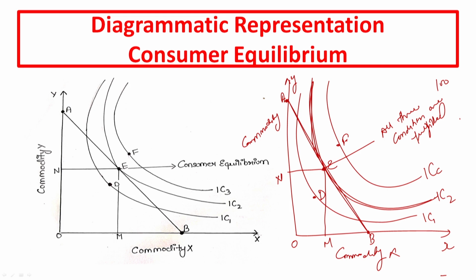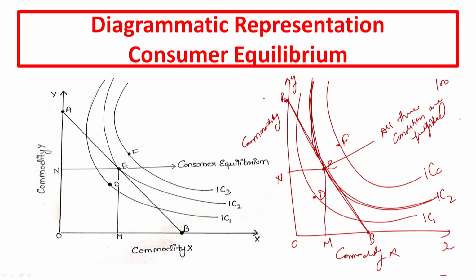All these conditions are fulfilled at this point. So this is the equilibrium where the consumer is getting the maximum satisfaction by spending its entire income in combination of ON commodity of Y and OM commodity of X.